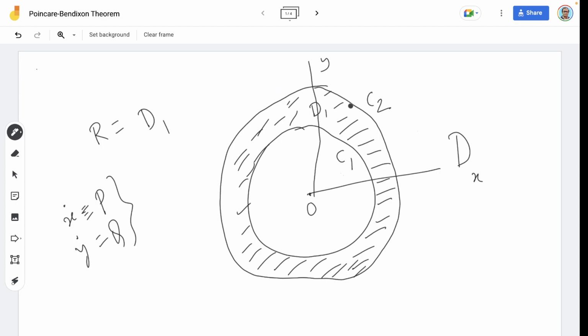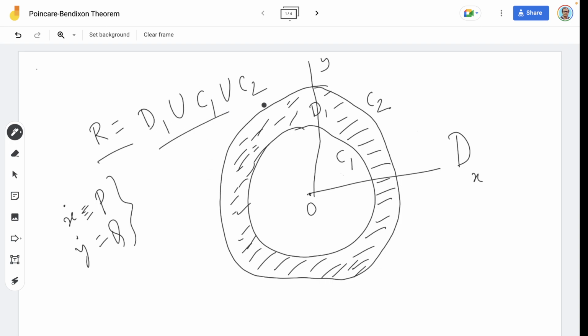D1 is the bounded subdomain of the region D, and R denotes the subdomain D1 with its boundary C1 union C2. So R is the bounded region, the shaded region, and the boundary is the inner circle and outer circle.